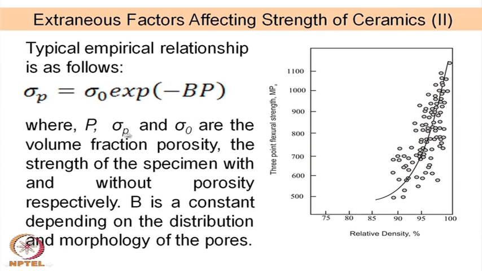Here p is the volume fraction of the porosity, and sigma p and sigma 0 are the strength of the specimen with and without porosity.